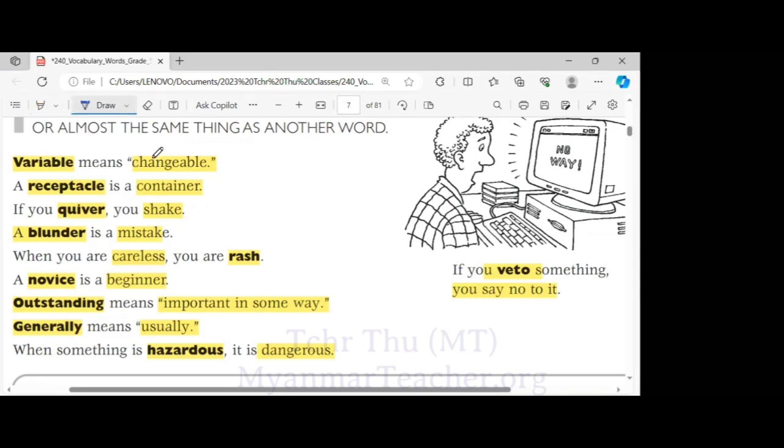Variable, changeable, receptacle, container, quiver, shake, blunder, mistake, careless, novice, beginner, outstanding, important in some way, generally, usually, hazardous, dangerous, veto, you say no to it.